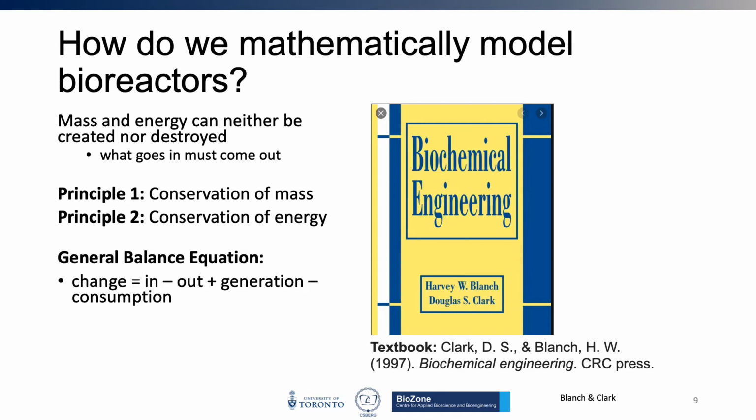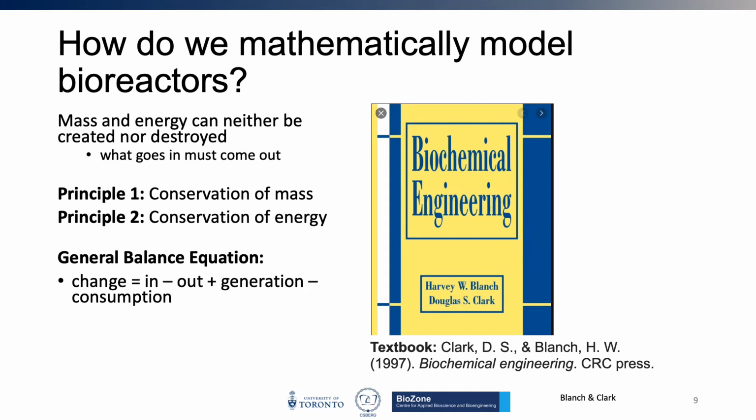And for both of these principles, we can apply the general balance equation. The general balance equation is that any change is equal to what goes in minus what comes out plus what's generated minus what's consumed.